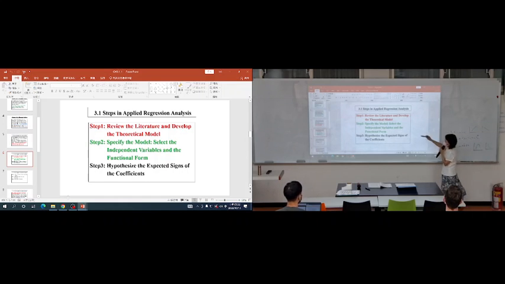So for step 2, specify the model. In this example, you may choose this one, or this one, or this one. Which one is the best? How do we decide the functional form?